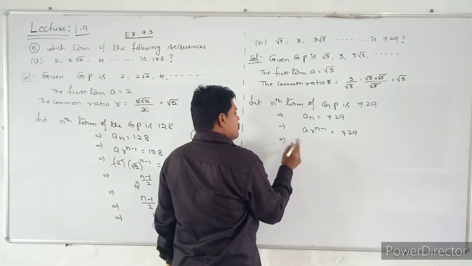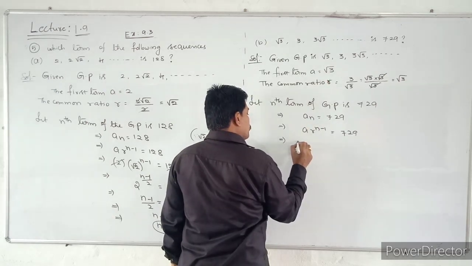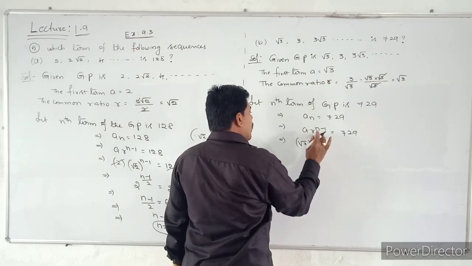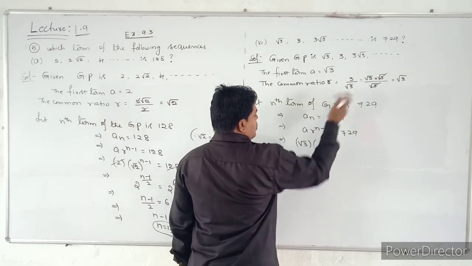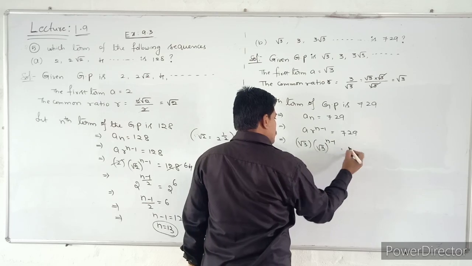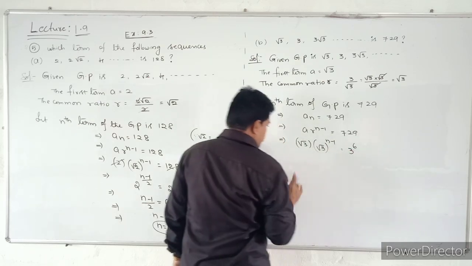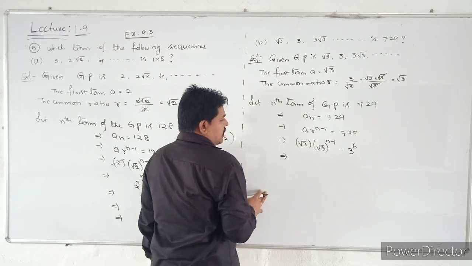The a value is root 3, and the r value is also root 3, so root 3 into root 3 whole power n minus 1 is equal to 729, which is nothing but 3 power 6.